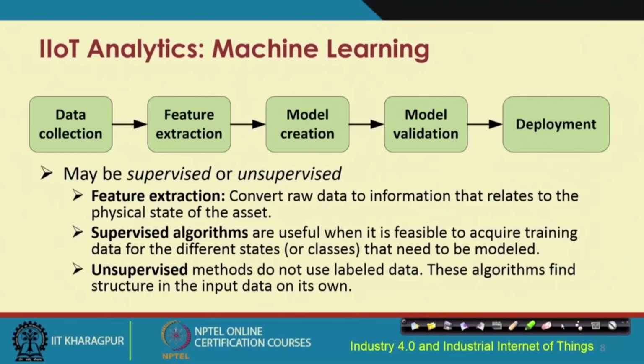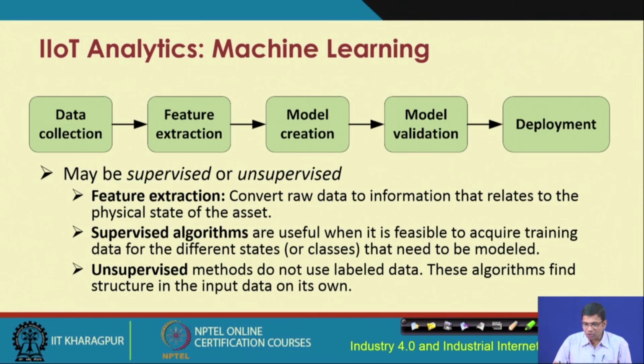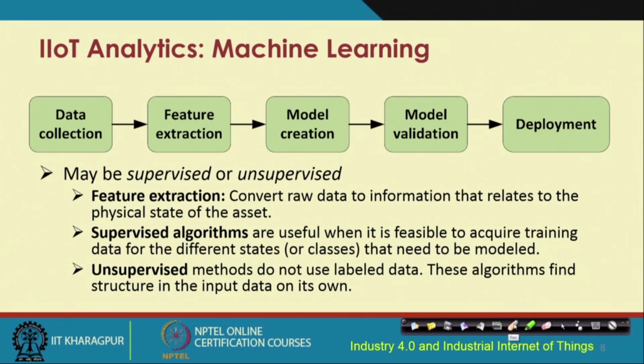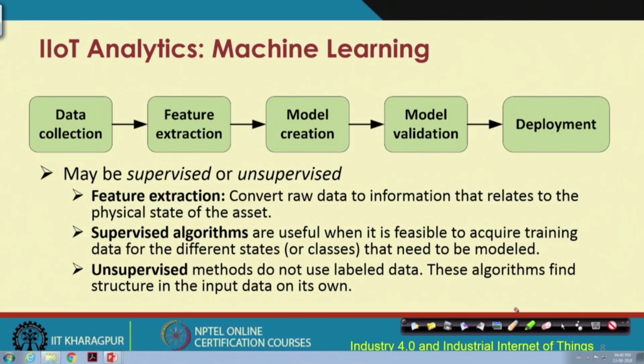So, let us talk about machine learning. I talked about machine learning and deep learning. So, machine learning is a field of AI, and what we are talking about in machine learning is to derive some kind of intelligence, right. So, it starts with the collection of data, which comes from different machines, the sensors in these different machines typically.